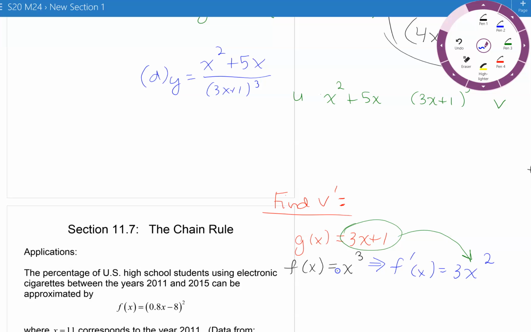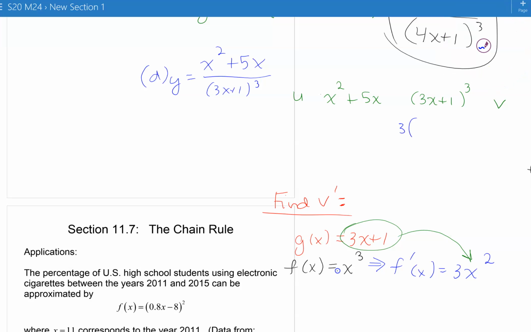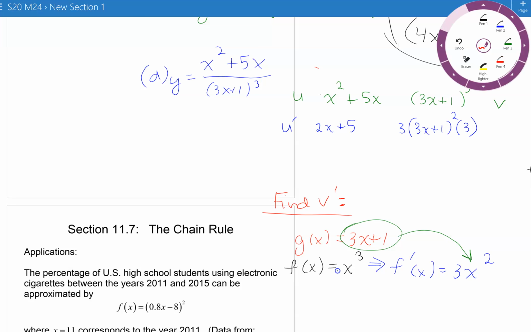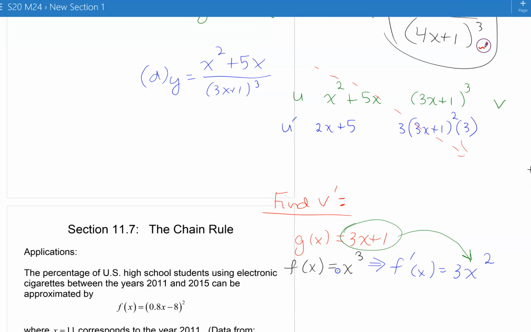So then our v prime is going to be 3 times 3x plus 1 squared times the derivative of the g function, which is 3. Thankfully, u prime is easy, 2x plus 5. Rules we already know. So now let's do crisscross multiply.